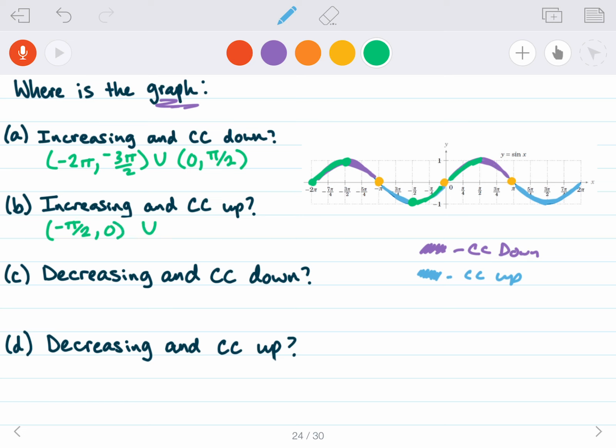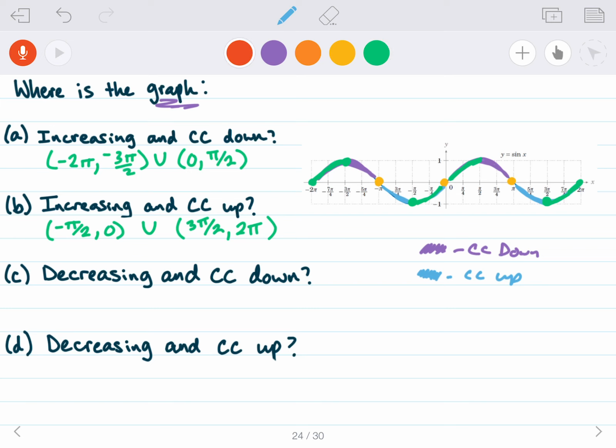And then we're going to union it. It also appears to start increasing in height when x is equal to 3 pi over 2, all the way up to x equals 2 pi. So that's increasing and concave up.